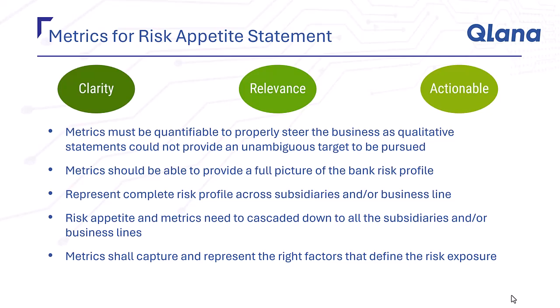We need to look at capital and all the other factors as well. It's also important that we break down these numbers to be more specific for business areas and subsidiaries, so that the actual risk appetite can be used for very specific decisions and also, as we said before, for very specific transactions. So they need to be useful as a target to be complied with by every business unit.